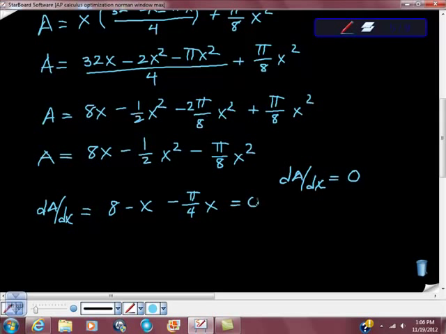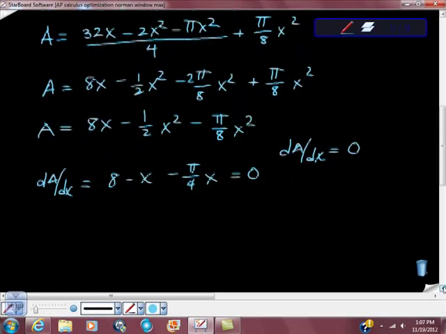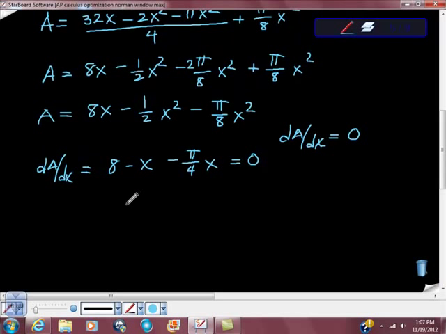So we set that equal to 0. I'm not going to bother you with all the algebra, but as I set this equal to 0, the final answer I got was x is equal to 32 over 4 plus pi. That's the x value.